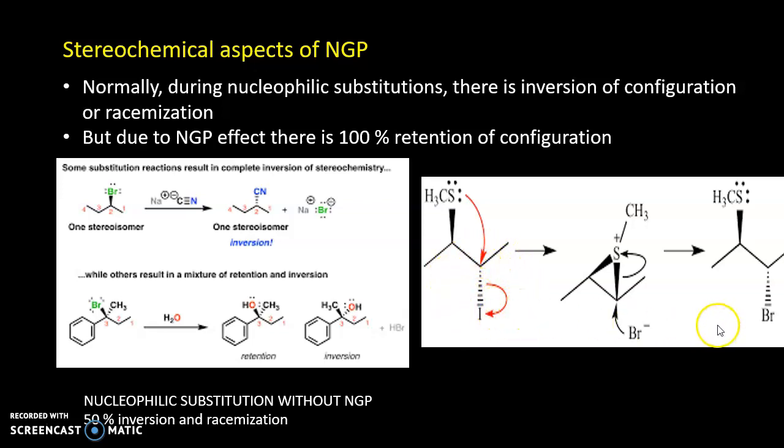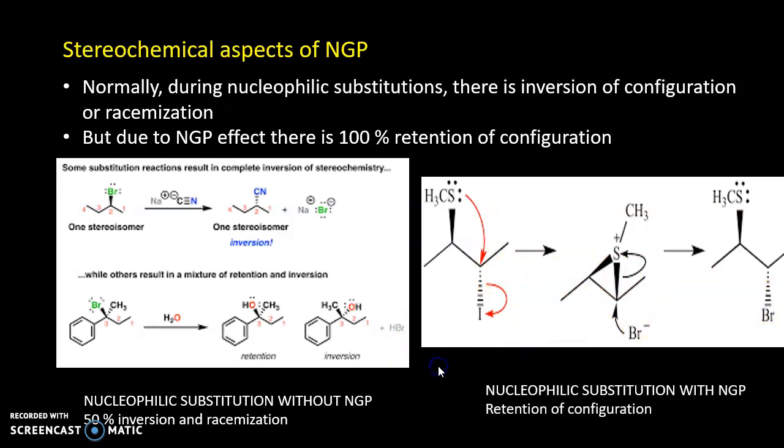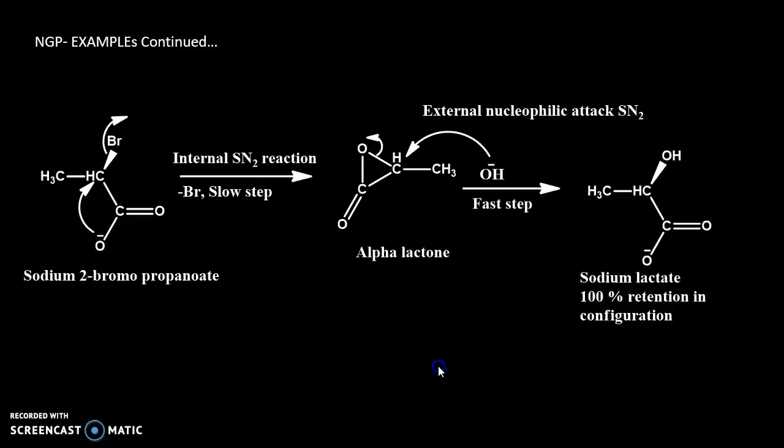So here is a 100% retention of configuration. So always remember that in reactions in which neighboring group participation is there, there is 100% retention of configuration. Understand? Okay, so we'll move forward.